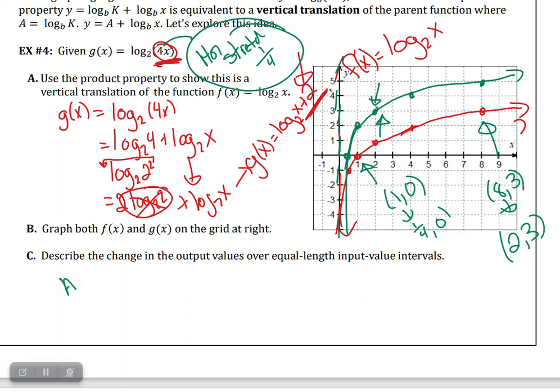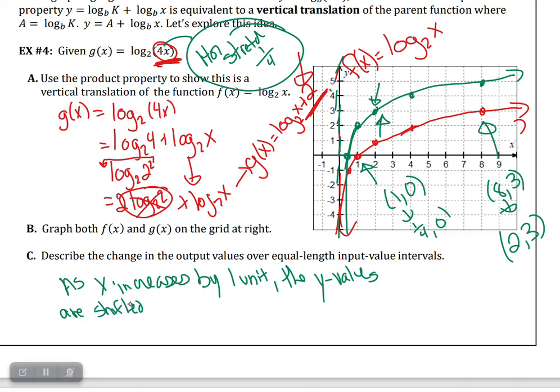So as x increases by 1 unit, the y values are shifted up 2 units.